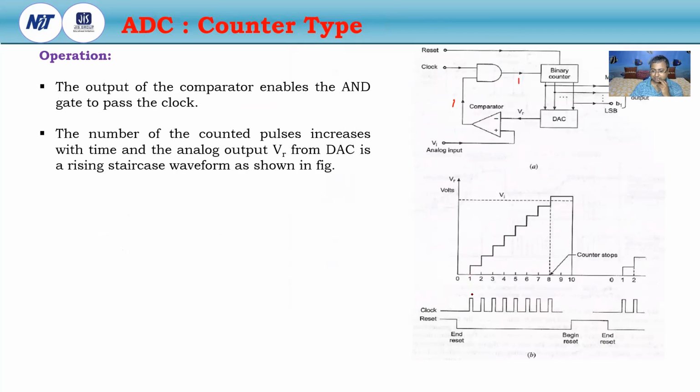When clock pulse 1 comes, it is counted as 1. When the second clock pulse comes, it is counted as 0, 1, 0. If it is 3, it is counted as 0, 1, 1. According to that, VR will be set by this DAC, and the input voltage is compared with this VR, and the output will be logic 0 or logic 1.